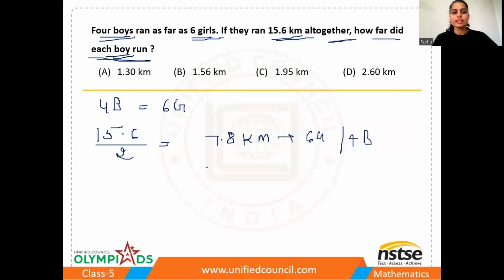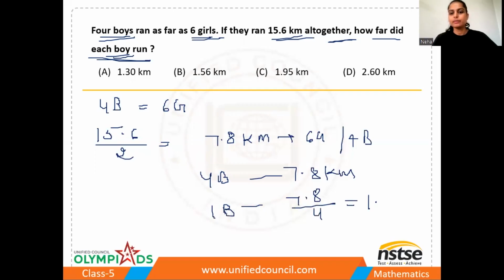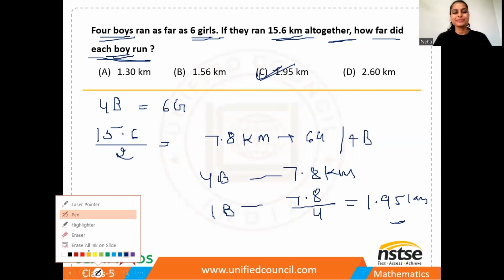So 4 boys are running 7.8 kilometers, so one boy will run 7.8 divided by 4, which is 1.95 kilometers. Yes, this is 1.95 kilometers. Option C is the right answer.